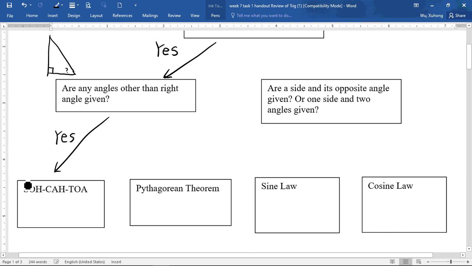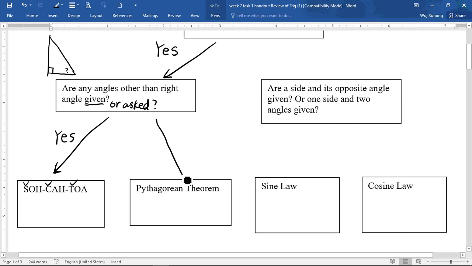It means the angle is given or asked. So if the question is asking you for an angle, or if you are looking for an angle, then you use SOH-CAH-TOA.